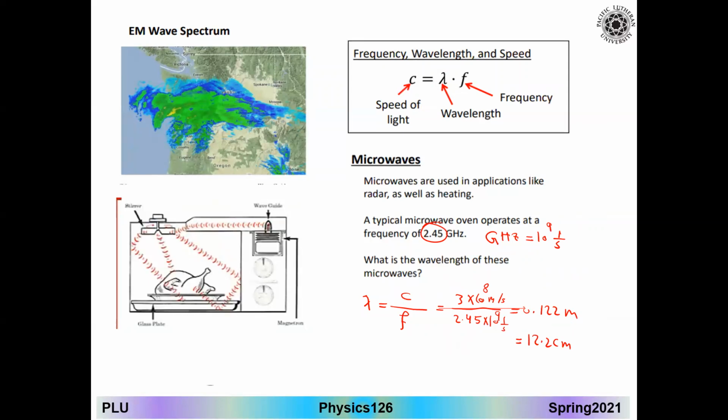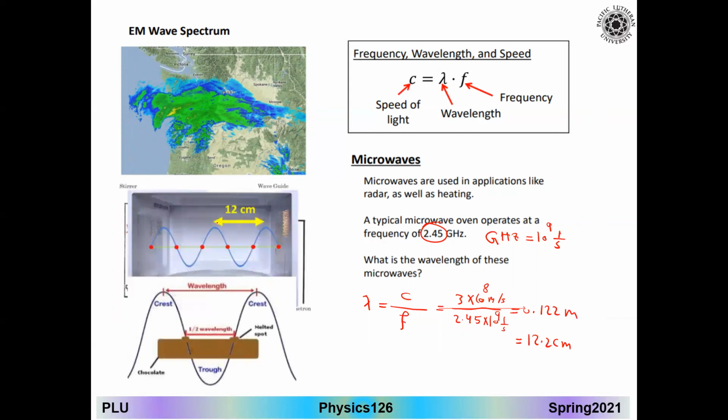So in microwave, if we imagine it as a standing wave, the lambda will be 12 centimeters. What that means for your microwave is that your wave travels inside as a standing wave with lambda of 12 centimeters.